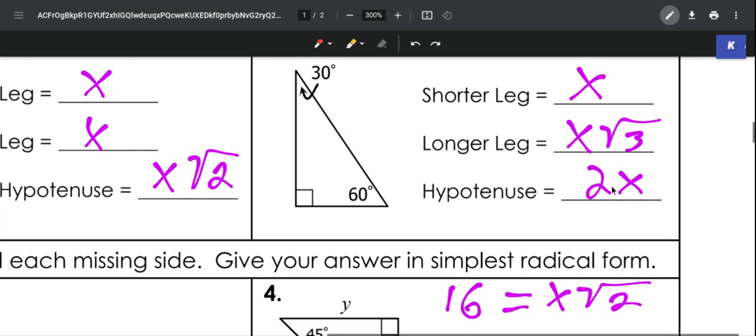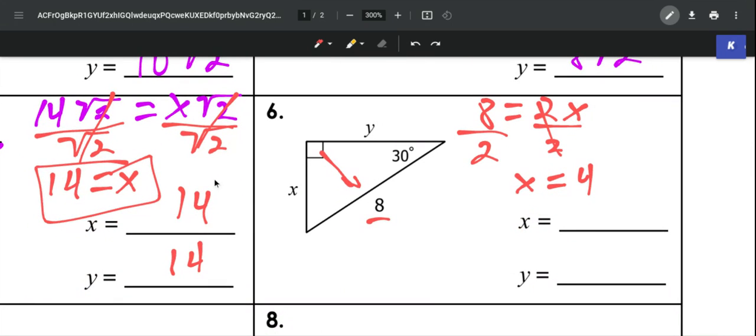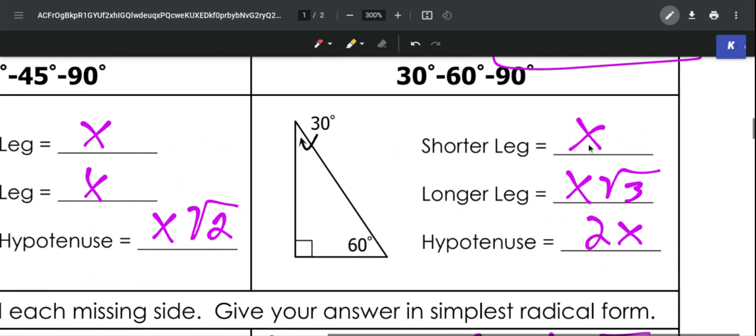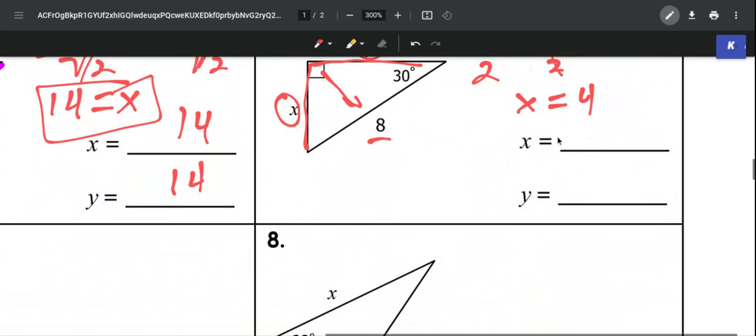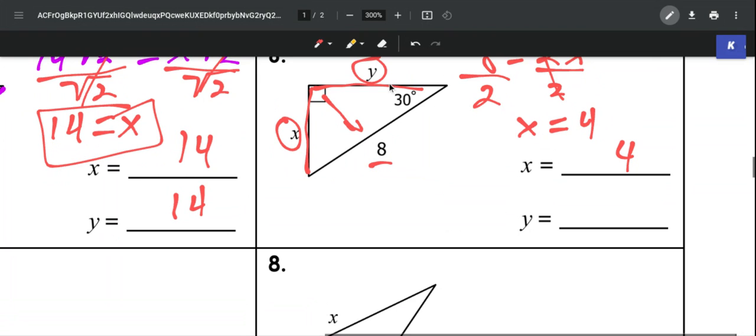So now we need to identify our shorter leg and our longer leg. Our shorter leg is going to be here. That's what x is. And then our longer leg is going to be here. That's what y is. So for x, that's our shorter leg. If we go back up, our shorter leg is just equal to x. So if x is 4, that means our shorter leg is 4. In this case, it just happened to work out that way, but that may not always be the case.